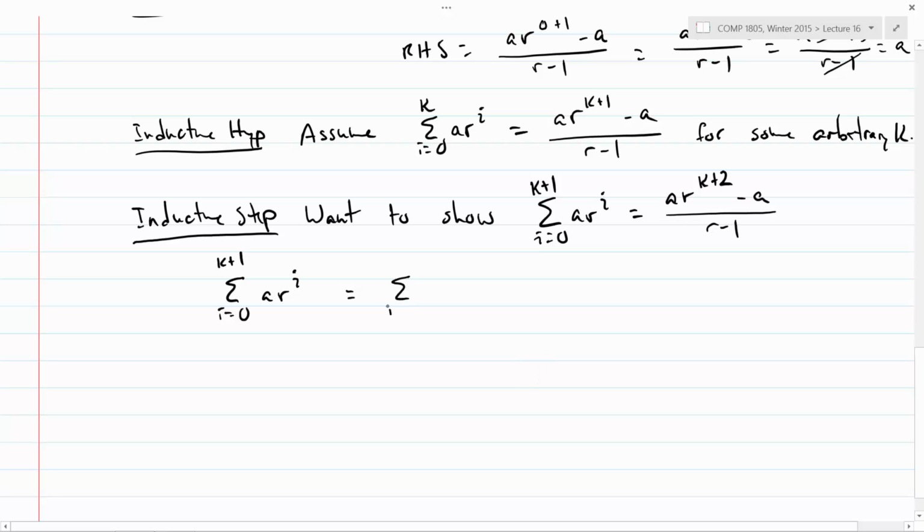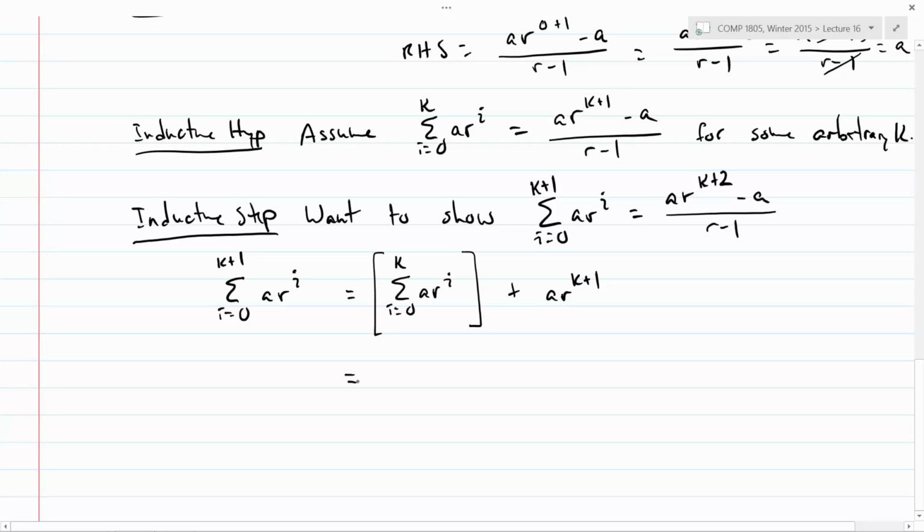This sum is exactly the same as the sum from i equals 0 to k of AR to the i, but then I have to add on that last term myself. What is the last term in that sum? AR to the k plus 1. This is almost always what you want to do for these summation kind of questions. All right. So now we know what that thing is.